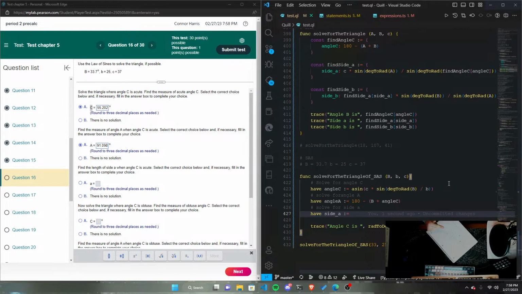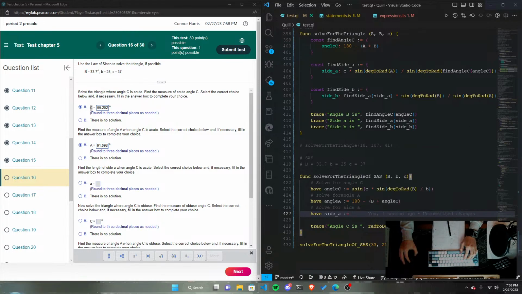We can either use, let's use sine of B. So sine A over A is equal to sine B over B. Sine of A, which is 91.098, over A, is equal to sine of B, which is 33.7, over B, which is 25. Alright, so we can keep this as normal, and we can steal our logic from up here to find the side.